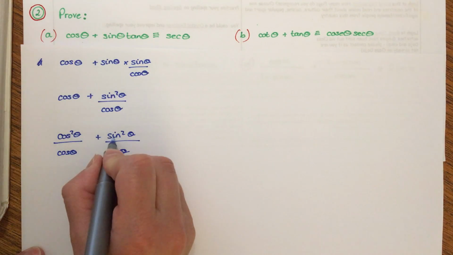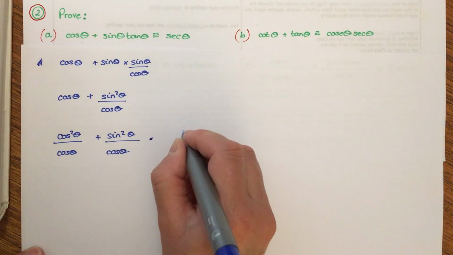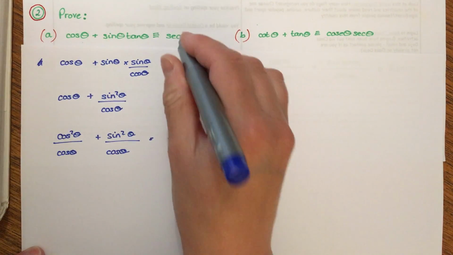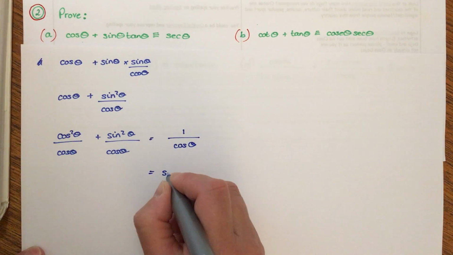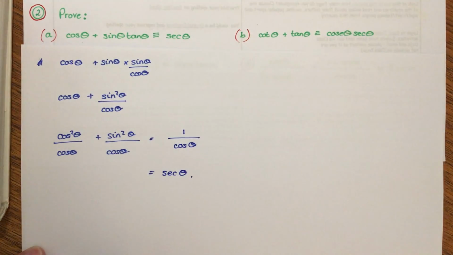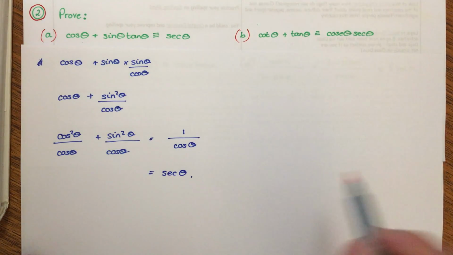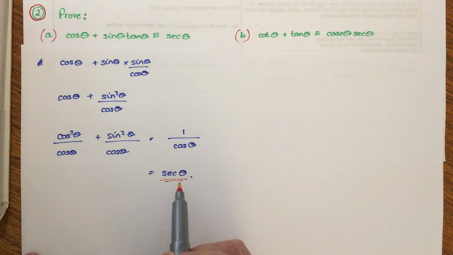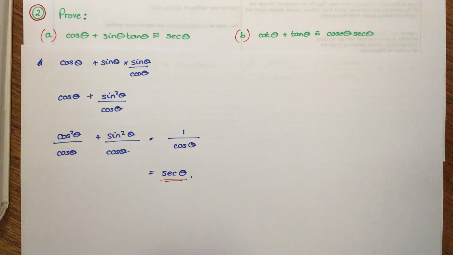You know that cos squared plus sine squared is 1. So that's 1 over cos theta, which is sec theta. So that's where that comes from. So it doesn't look like it's going anywhere, but it turns out nicely. So sometimes you've just got to have a bit of faith and see it through.